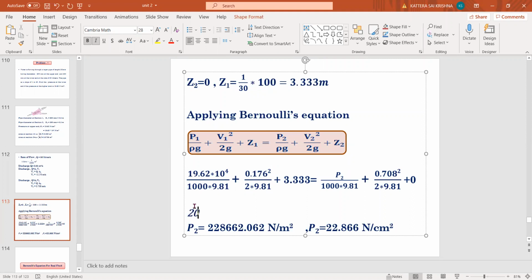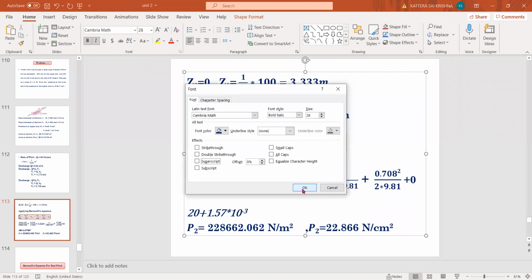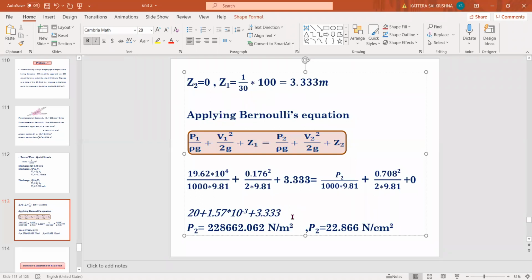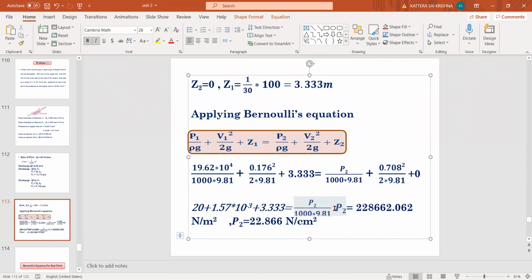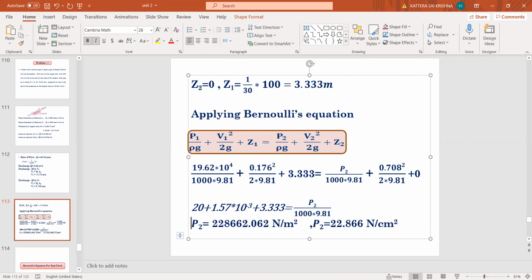It is 1.57 into 10 power of minus 3. Plus this value, 0.0255.